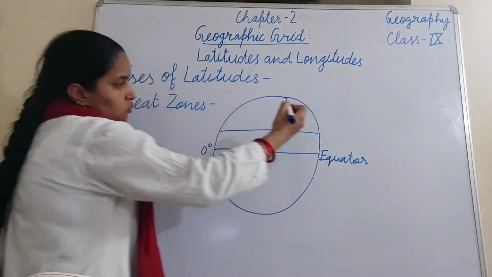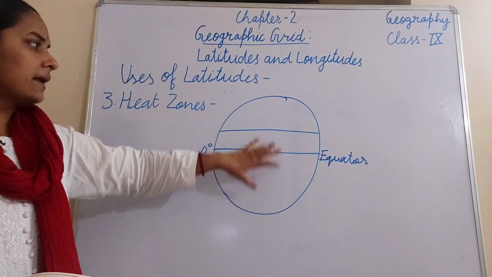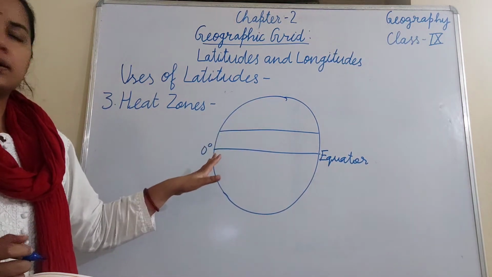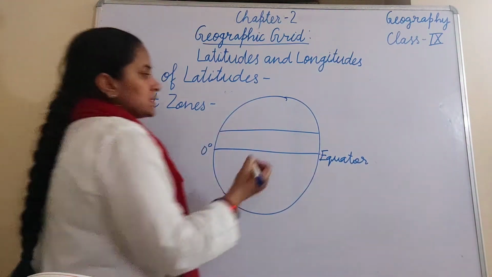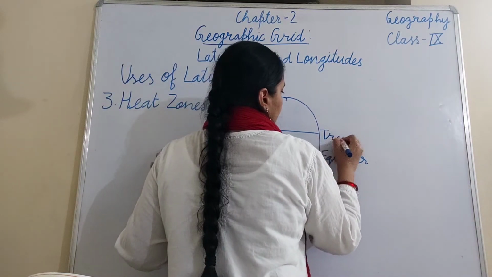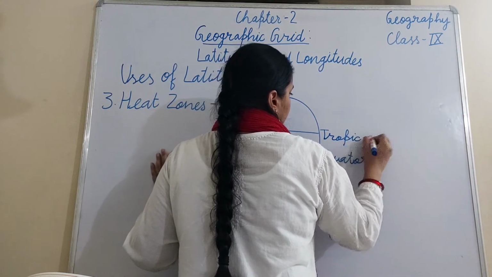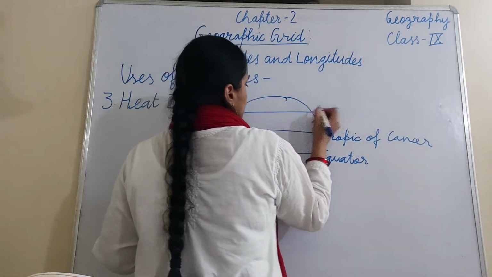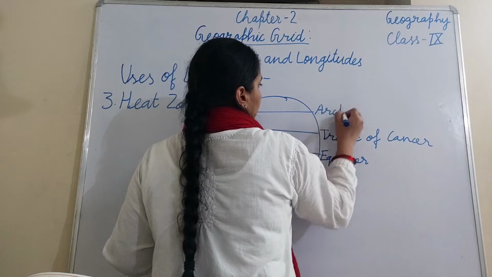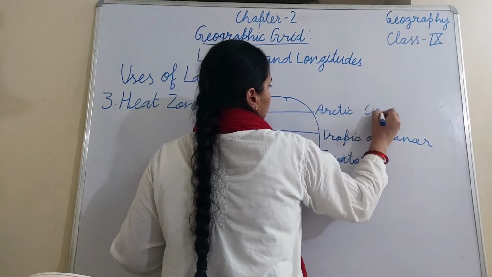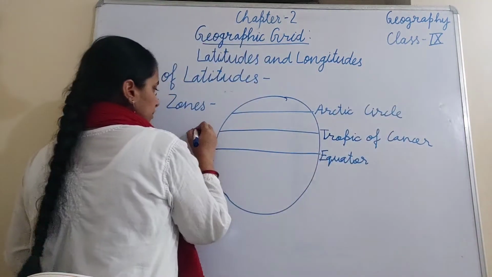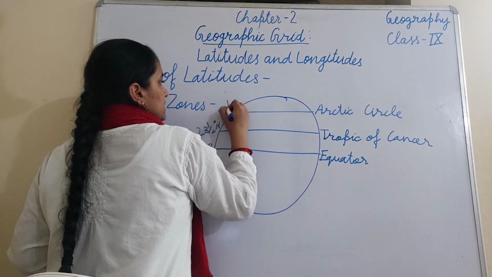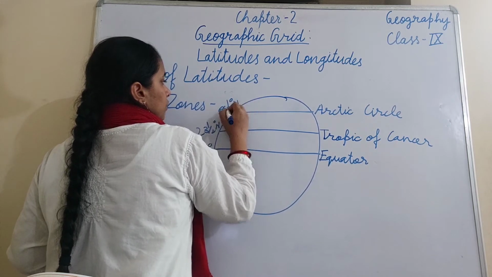Now here usually we draw the curve, but for your understanding I am drawing straight lines to represent the lines of latitude. This is the Tropic of Cancer. This is the Arctic Circle. The values will be 23.5 degree north, 66.5 degree north.